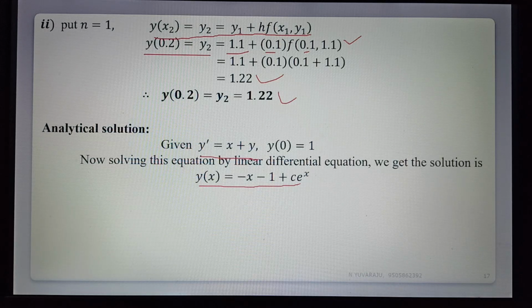Using the integrating factor in the linear equation solution, y into integrating factor is equal to the integral of Q into integrating factor dx plus c. Using that formula we find this solution.